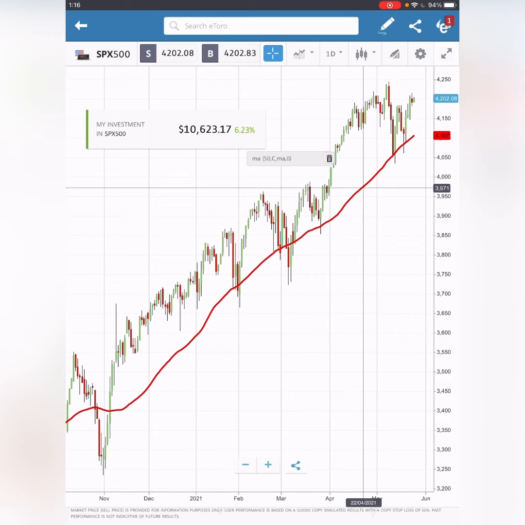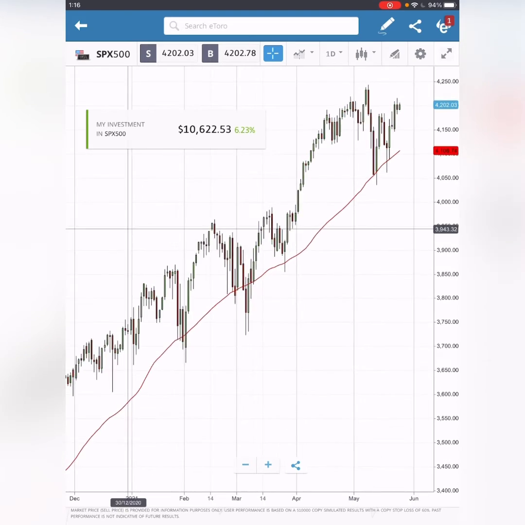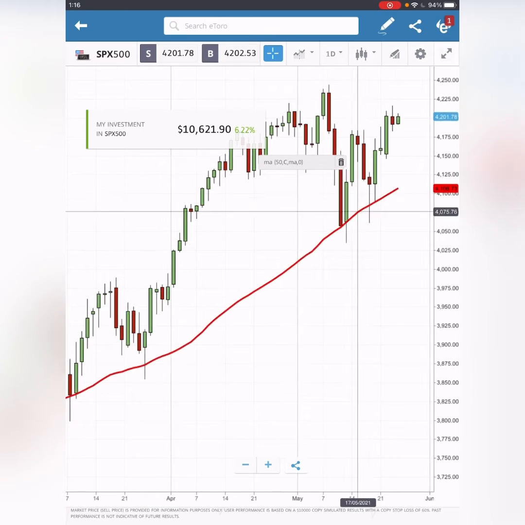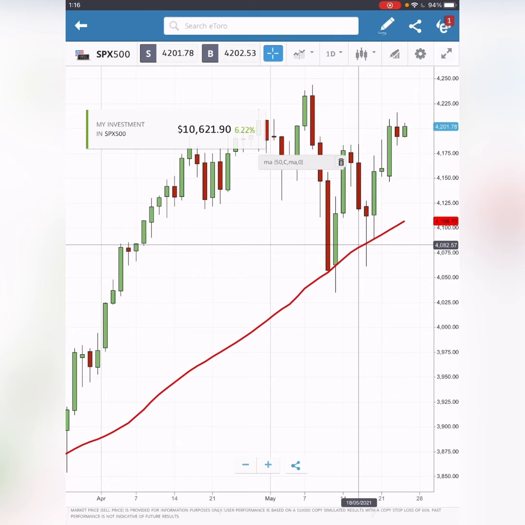I'll leave a link in the description below so you can read about it in your spare time. But essentially it's giving you an indicator of where I want to place my trade and what's the minimum area where I can open my trade based on the price action.